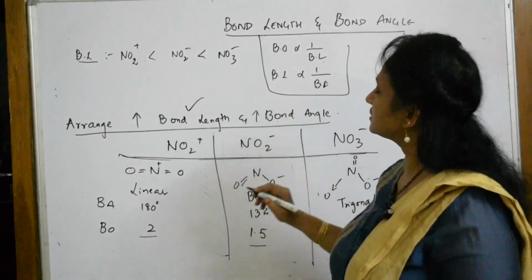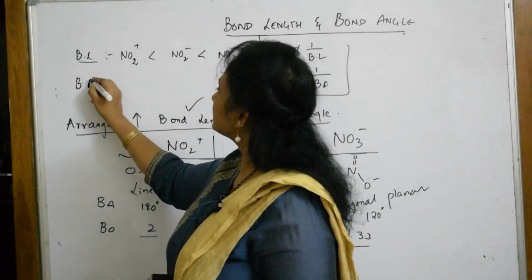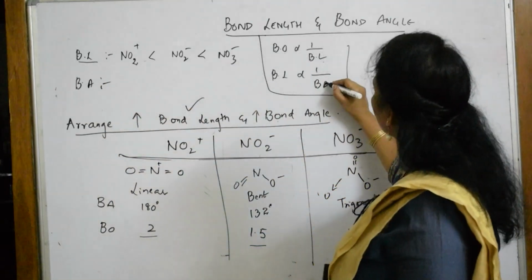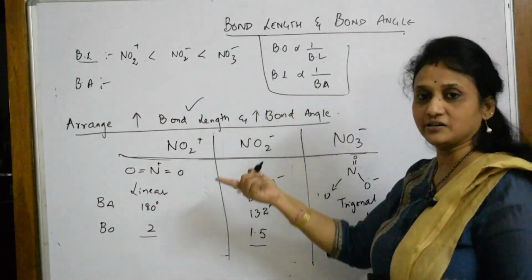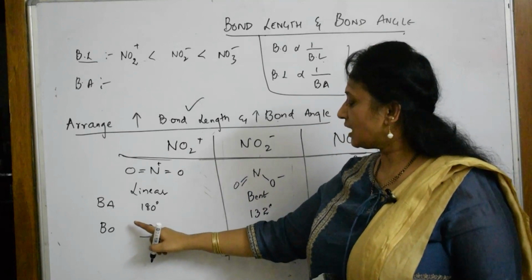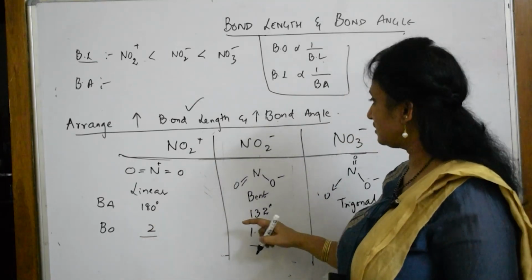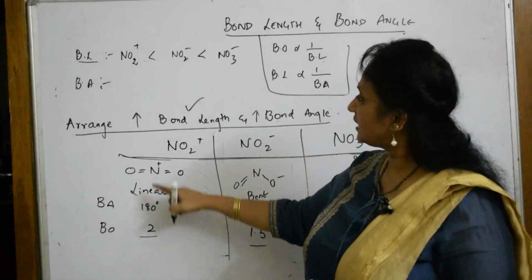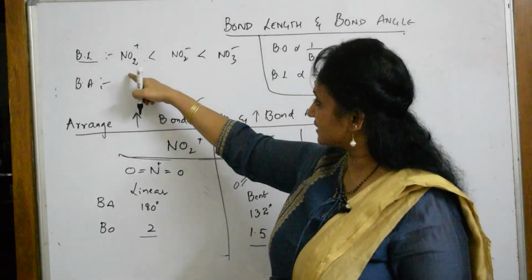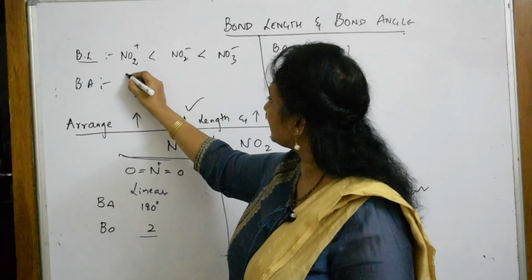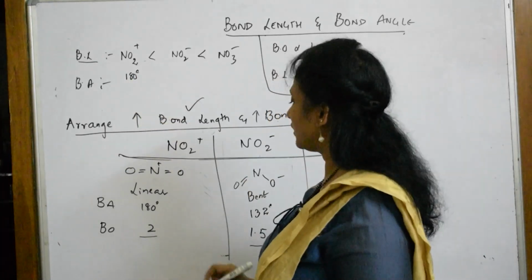Now I need to write in terms of bond angle. Now what did we say? Simple. Bond angle and bond length are inversely related. You can check. See here. Bond angle is 180 degrees. Right? So here 132, 120. Now when I take NO2 plus, let us write this here directly. It is 180 degree bond angle.